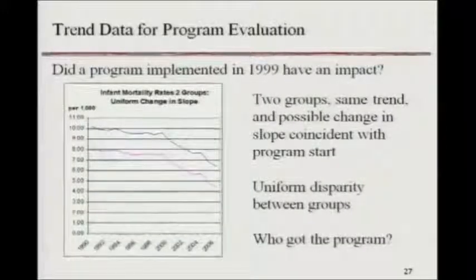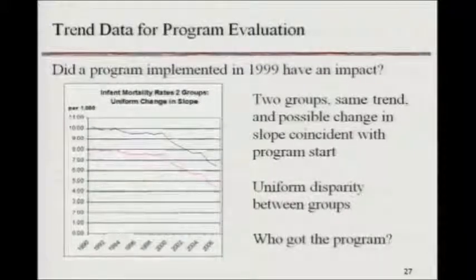So this would be with two groups. It does look like there are inflection points, but the inflection point looks like it's happening in both groups. What might that mean? What might be an explanation for this picture? Another factor, or in Cook and Campbell, it could be a secular trend.